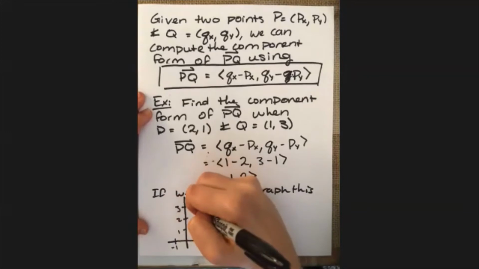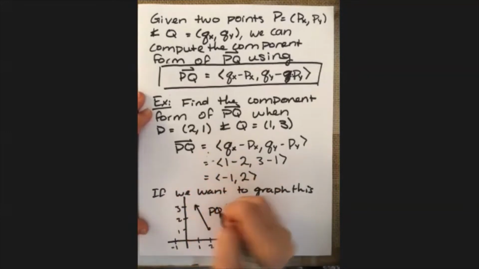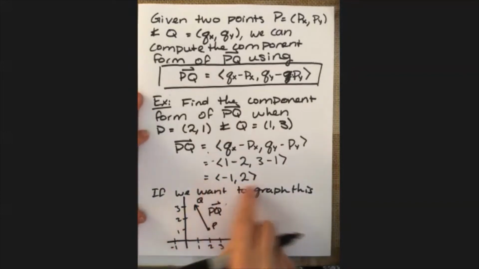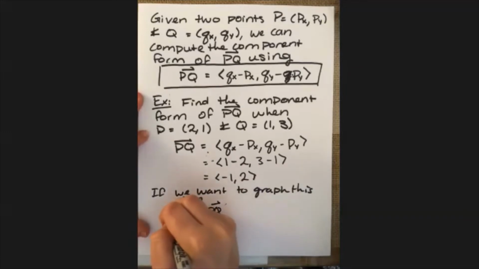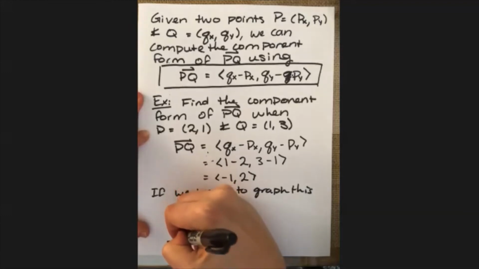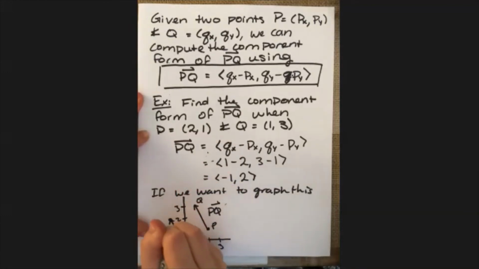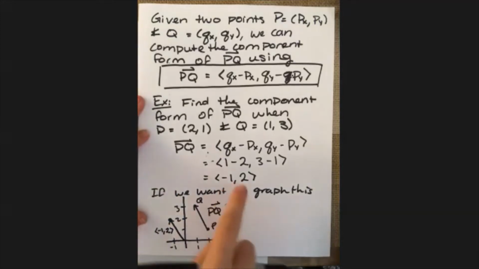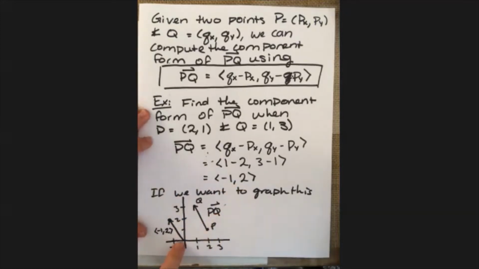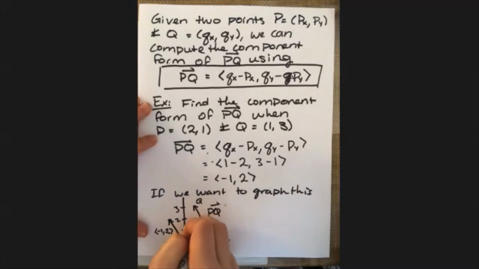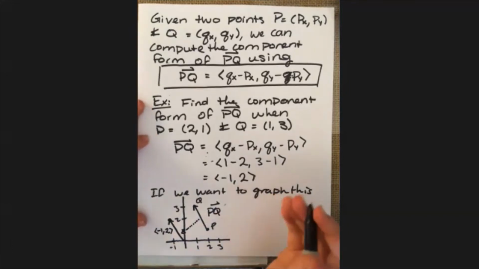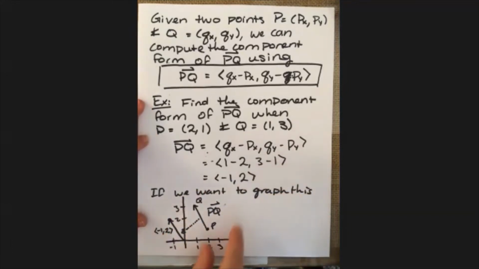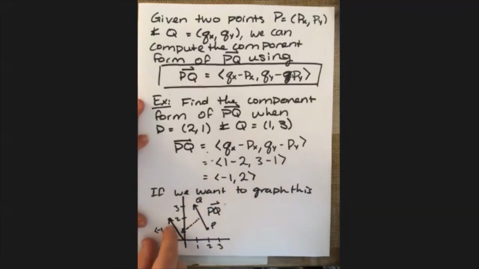So our arrow, or our vector, PQ, is like so. But when we want to look at the component form, we've got to go -1 from the origin and then up 2, like so. Now, this vector is the same as this vector, the only difference is that we just moved it down toward the origin. So one way to think about the component form is stripping away any information about where it's located on the coordinate plane and just moving it to the origin.